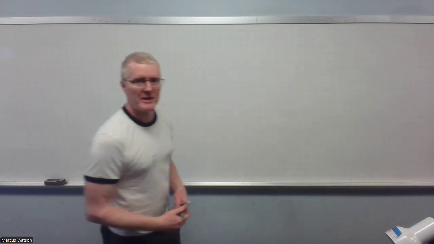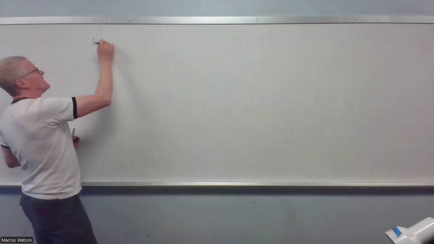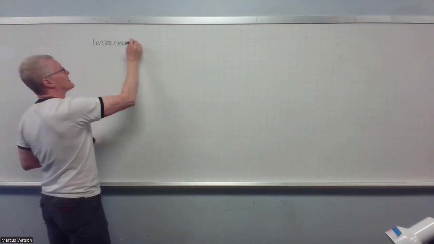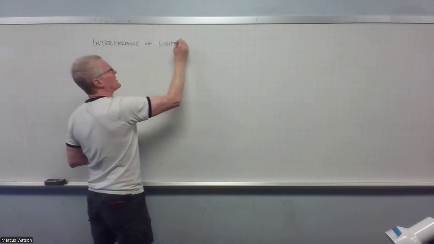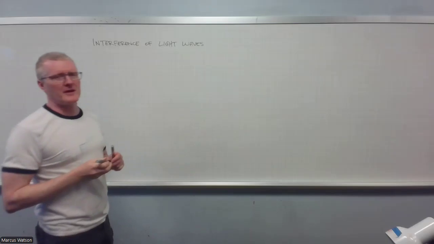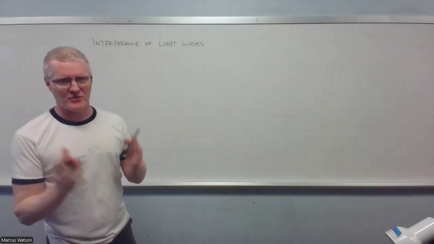Okay, so the interference of light waves. I'm going to cut straight to the chase here and tell you there's essentially 3 ways that light waves interfere, and I say essentially, but this is not the end-all be-all here.